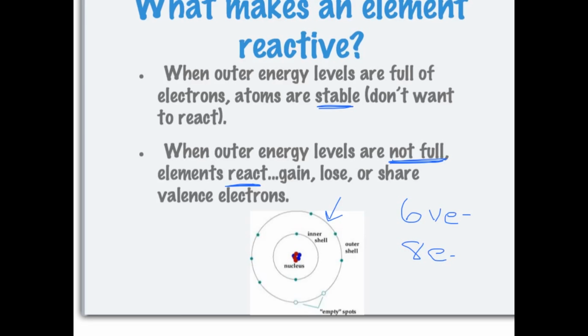So I know that we have 2 empty spots. This atom is going to want to react or bond with another atom and gain 2 more electrons to get those empty spots filled. So the closer an atom is to having a full energy level, the more reactive it is.